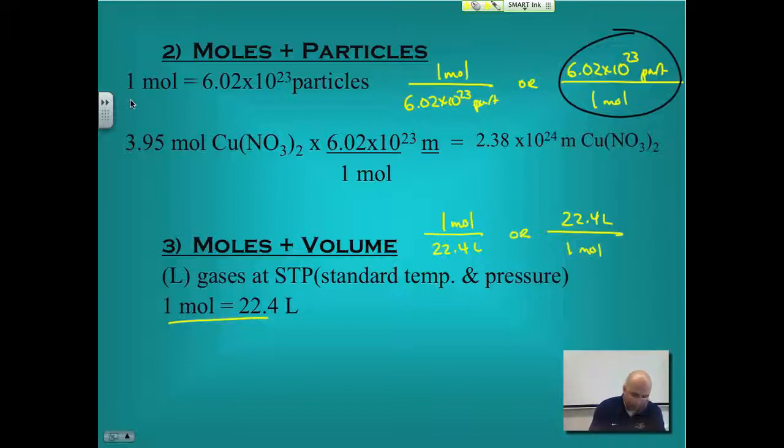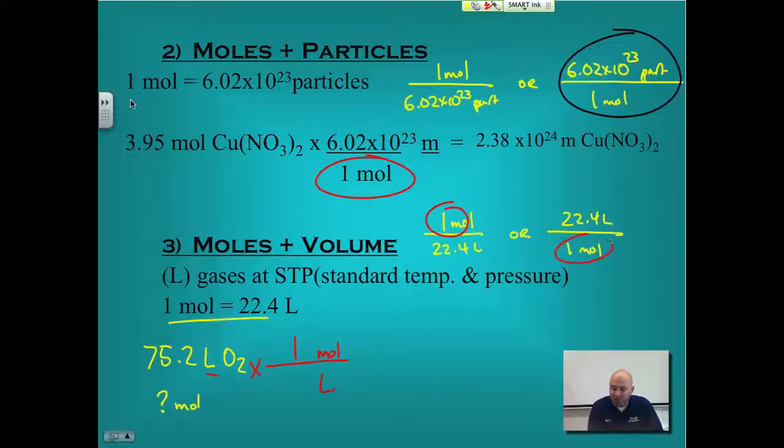Let's do 75.2 liters of oxygen, and I want to know how many moles that is. Well, all we're doing is X line. Liters in the denominator because that's what's given and we want it to cancel. Moles on top. The number for moles is always 1. Please notice that for all these things, the moles is always 1. So 1 mole.